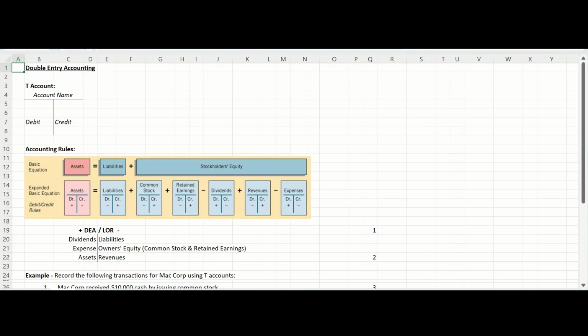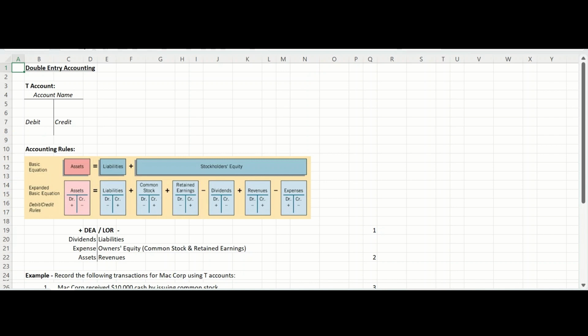In practice, however, accountants will describe these increases or decreases with the correct terminology. So instead of saying an account is decreased or increased, an accountant will say that the account is debited or credited to reflect the impact of the transaction on the accounting equation.